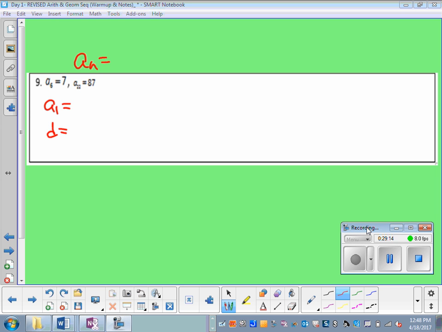However, I know a6 and a22, so I will just set up two equations instead of one, using that same formula, the one that you've hopefully written right there in that box.